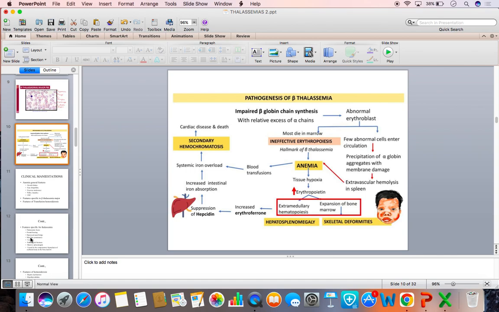Hepcidin is the molecule produced by the liver in response to inflammation that inhibits the absorption of iron from the gut.